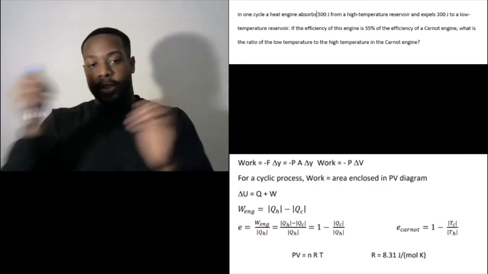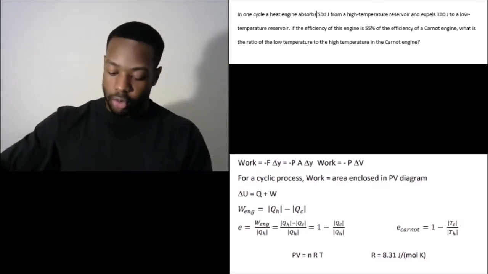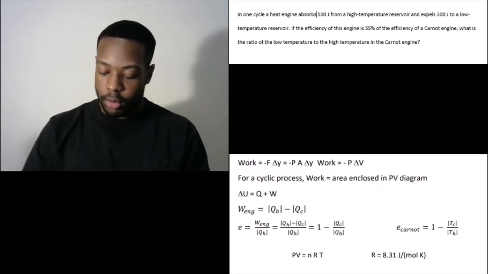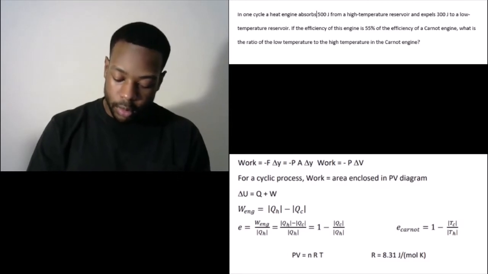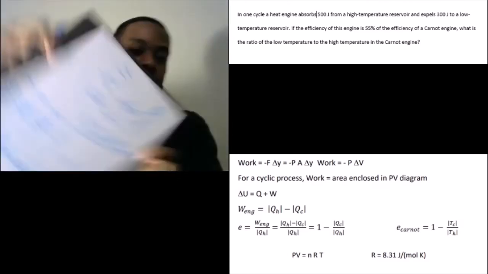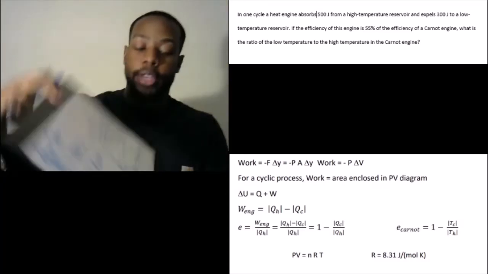Or you just move things around a little bit. That ratio should be 1 minus 0.727. So not super tough there.